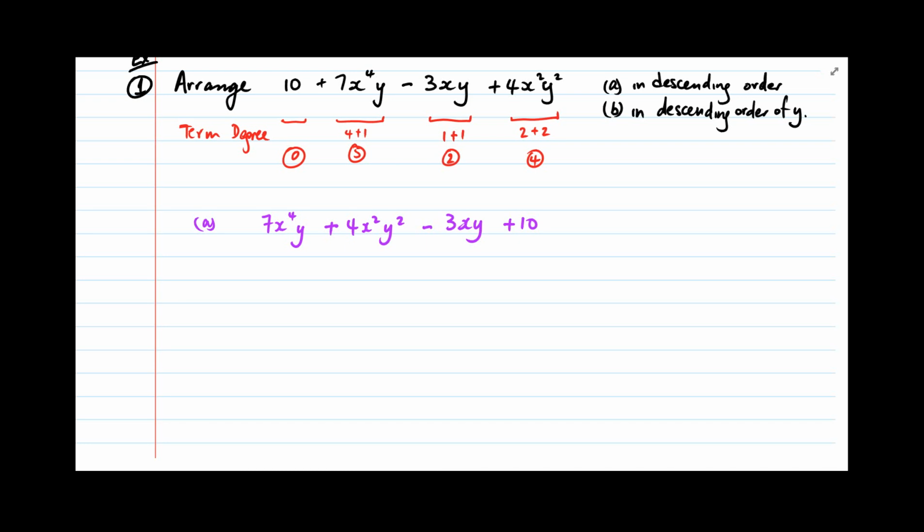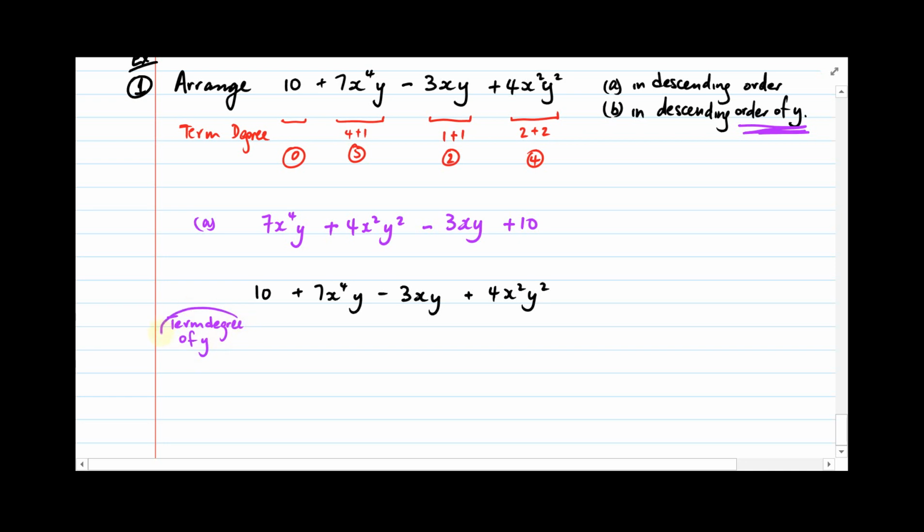Let's just look back at this again. So let's start back with the original problem, and because I don't want to erase what I've just written up there. But this time, since I am looking for descending order of a particular variable, for each term that I'm looking at, I look at the degree of y only.